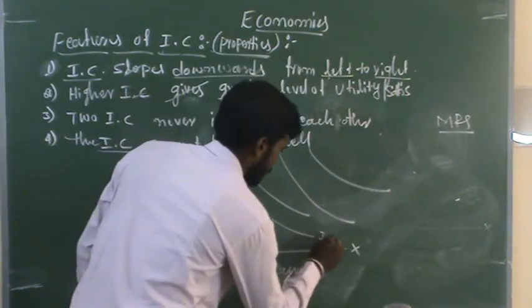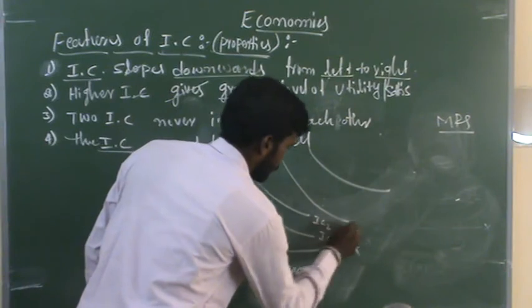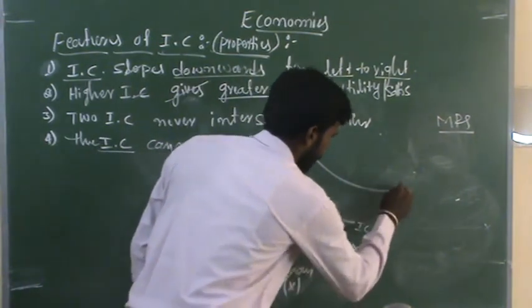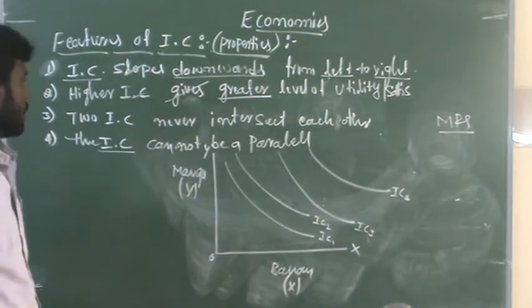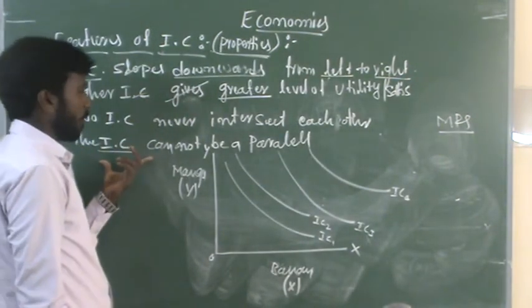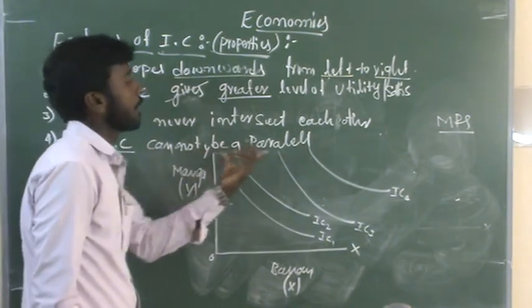So this is IC1, IC2, IC3, IC4. So this is the diagram. See, the fourth important feature or property is that the indifference curve cannot be parallel.